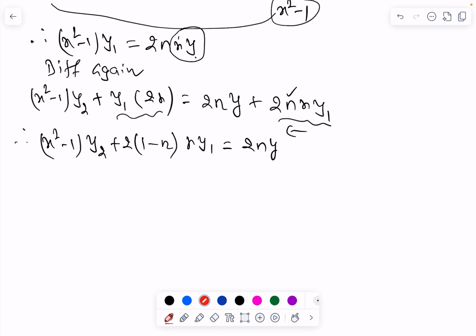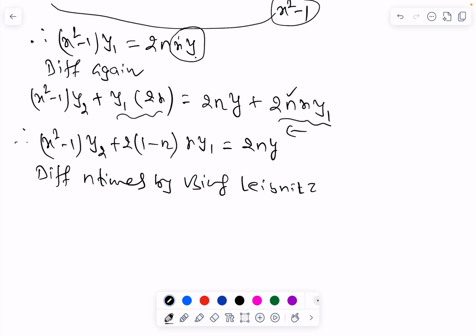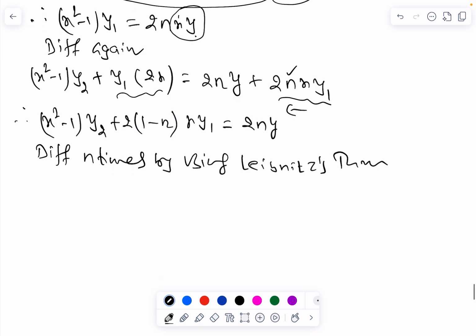So now we can differentiate n times by using Leibniz theorem. So here product rule, n time derivative, this we can consider as u, this we can consider as v.